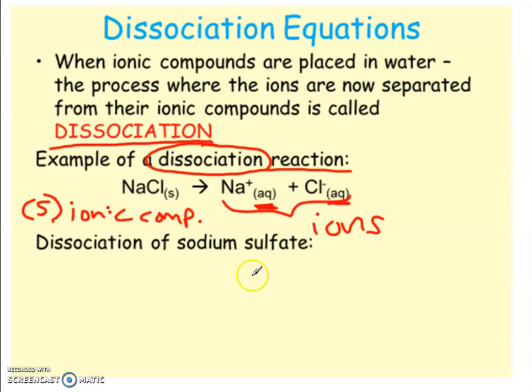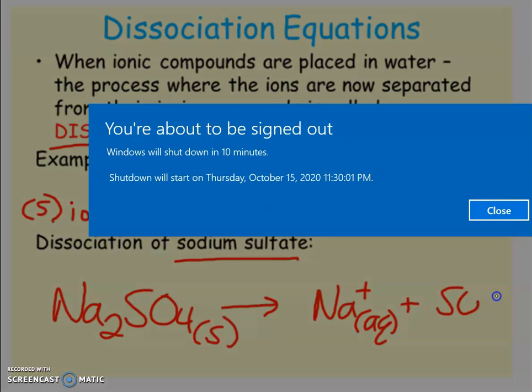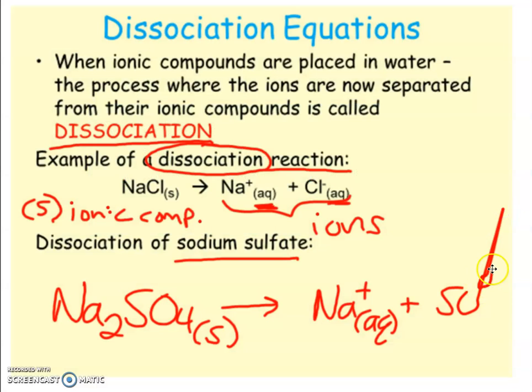Let's look at another example. The dissociation of sodium sulfate. We start off by writing out the ionic compound formula for sodium sulfate. So what's being produced here? Sodium ions and sulfate ions.